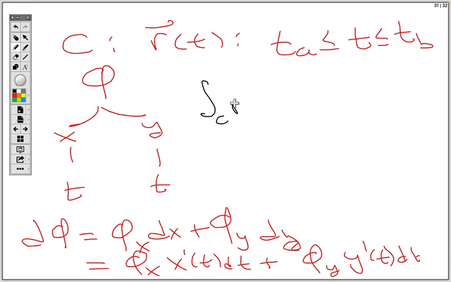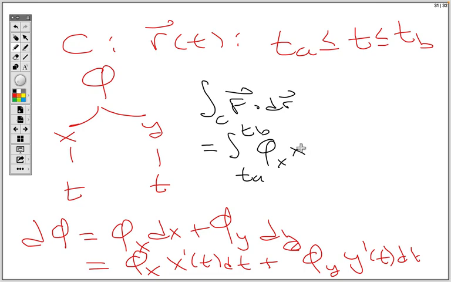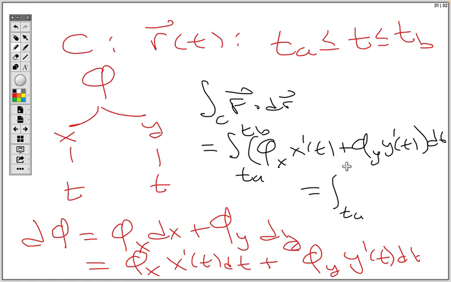And so the integral over C of F dot dr would be the integral from t_a to t_b of phi_x x prime plus phi_y y prime dt, which, courtesy of the chain rule, would just be phi prime of t dt.